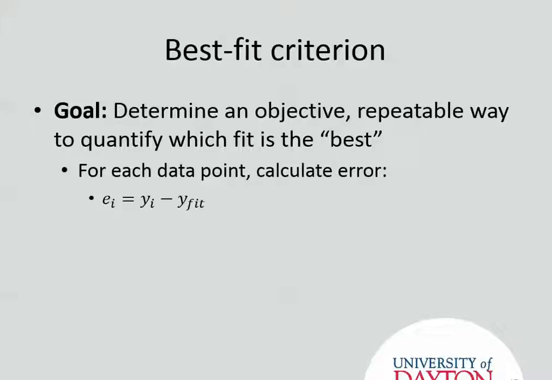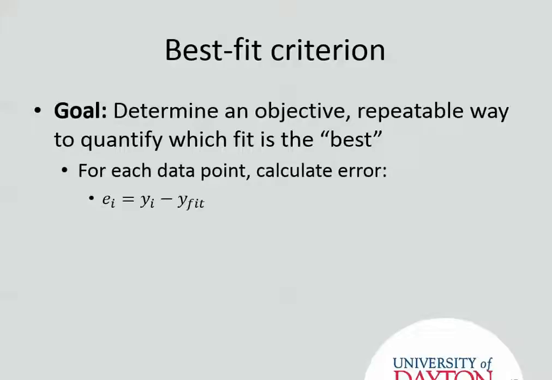At each data point, it's represented by an x-coordinate, x sub i, and a y-coordinate, y sub i. So every data point has an x value and a y value. X is our velocity, y is our force. And so the way we calculate this error is we calculate the difference between the y-coordinate of our data point, and then if I were to draw a straight line down to my best fit curve, this point here has x and y coordinates as well.